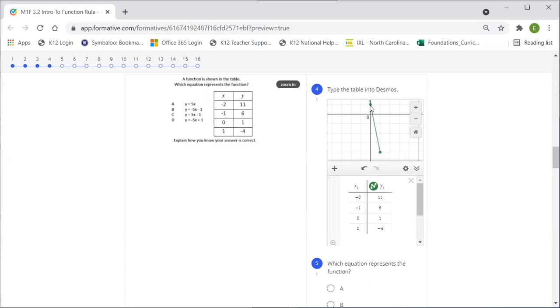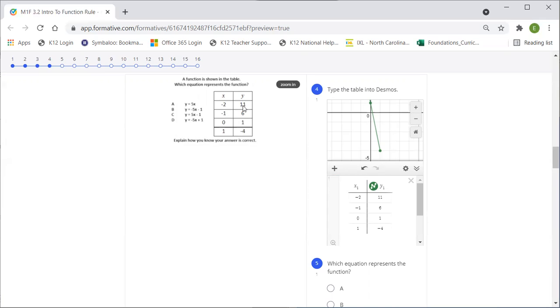So start at the left point and go to the right point. We have a rise of 1, 2, 3, 4, 5. But we're going down, so that's -5. So a rise of -5 and then over 1. So -5 over 1, that is -5.